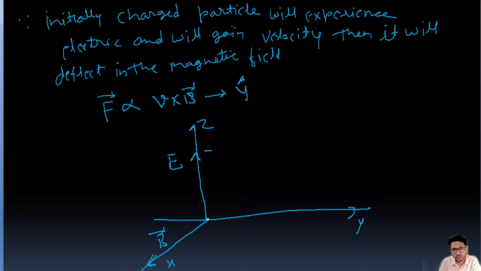So the path of the charged particle is going to be like this. It will go along the positive y direction, and this path is a cycloidal path.